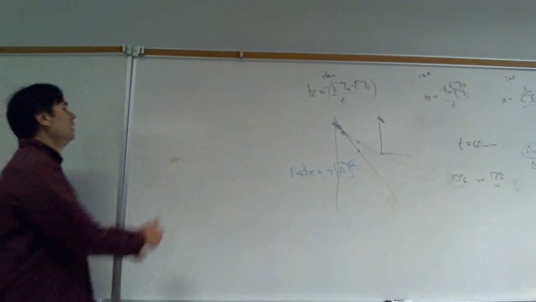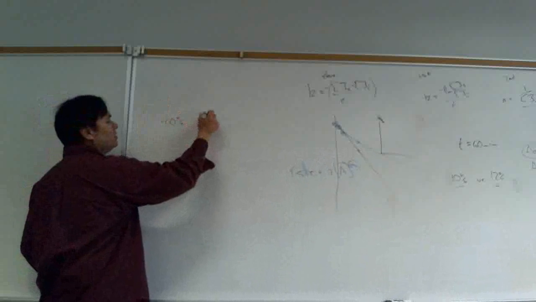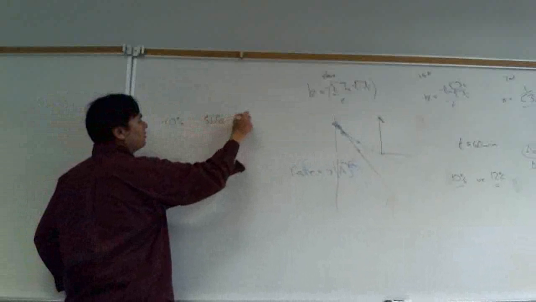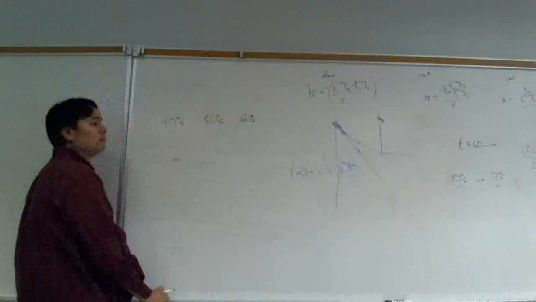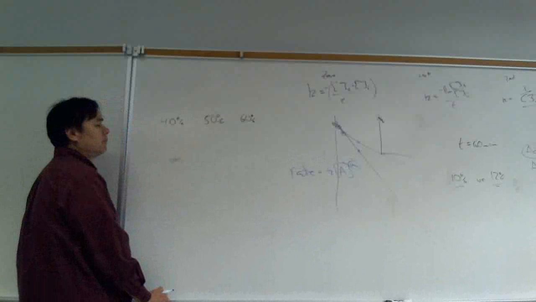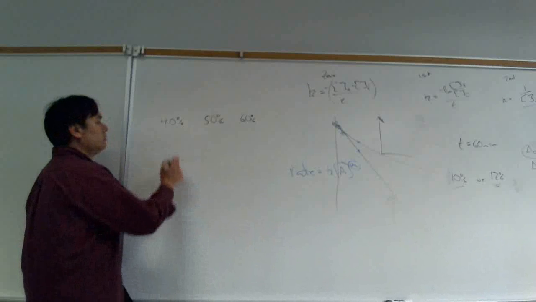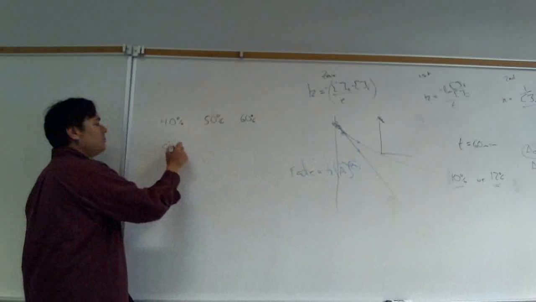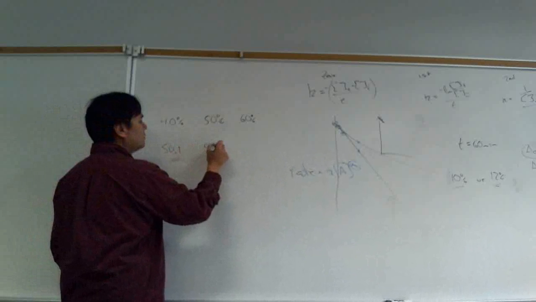Trial 1, 40%. Trial 2, 50%. Trial 3, 60%. The average would be 50%. Then another person comes along. Trial 1, 50.1%. Trial 2, 50%.